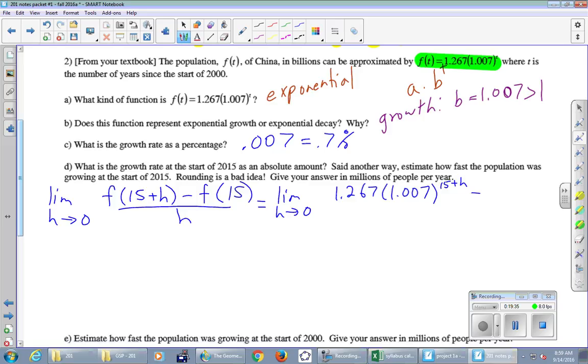Minus. And now we're doing f of 15, and we just change the t to 15. So 1.267 times 1.007 to the 15, all divided by h.